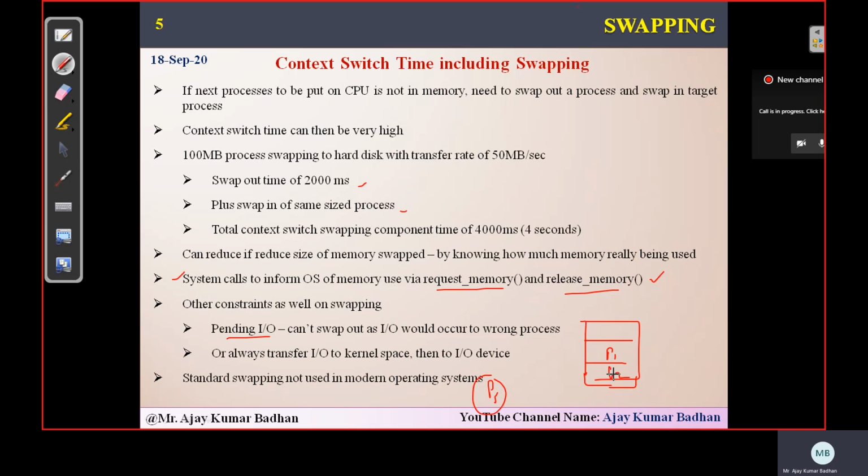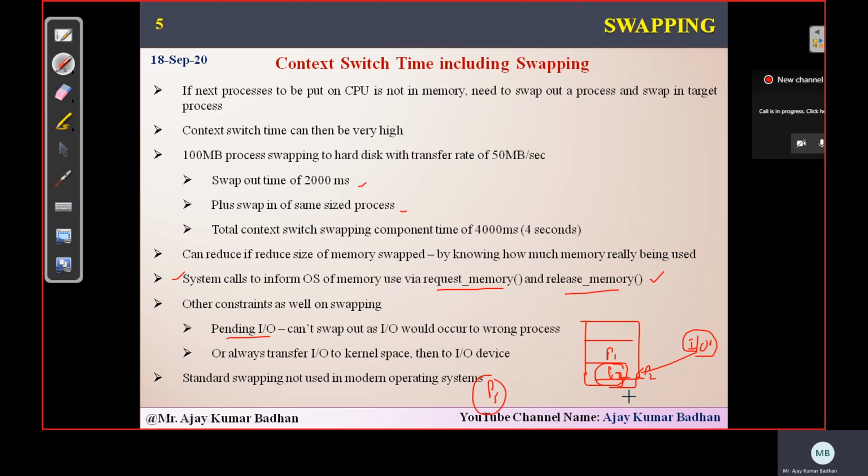Now what will the operating system do? It will try to remove P2 and place it in the ready queue, and it will allocate P3. But P2 was initially waiting for some I/O operation to complete. When this I/O operation completes and comes here to provide the result, which process is residing here? P3. The result of the I/O is related to P2, not P3.